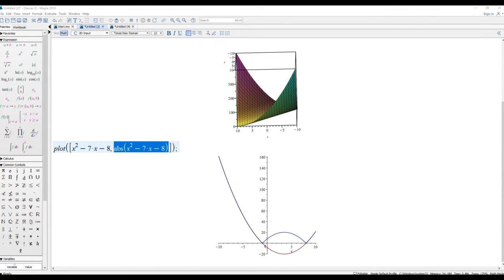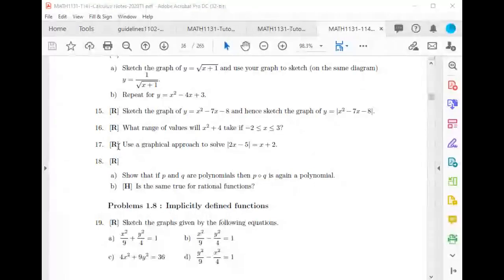Okay, and then there's another question here, which I'll show just with the PDF, so just bear with me for a second. Okay, it says use a graphical approach to solve this. So let's say we wanted to solve that.